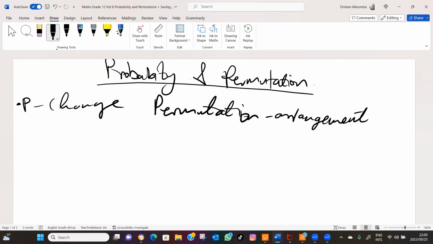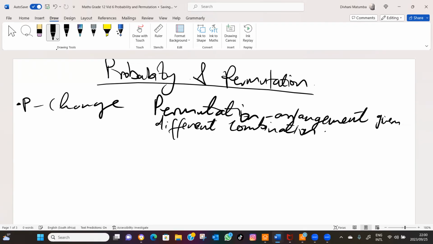Now, this is the arrangement given different combinations.